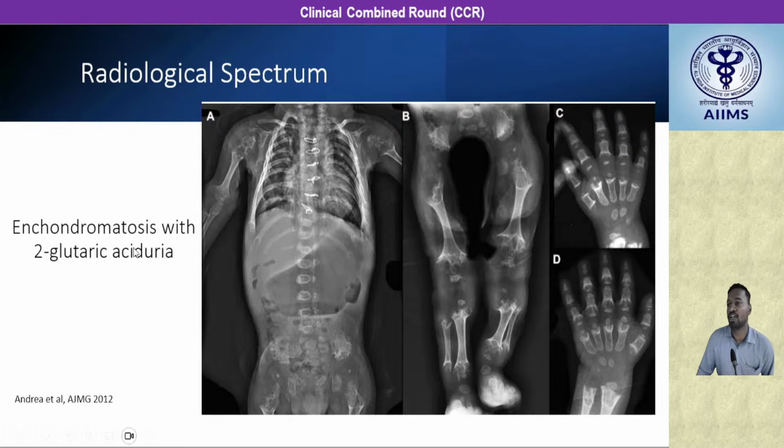And enchondromatosis with D-2-hydroxyglutaric aciduria, in this type there will be multiple enchondromas involving the metaphysis of long bones symmetrically, as well as the flat bones, and associated spinal involvement is also seen.